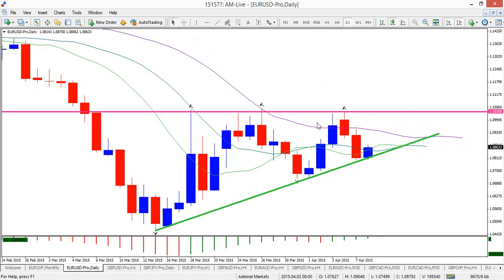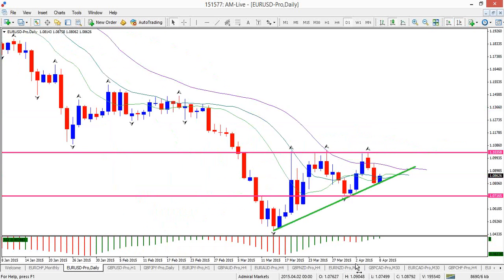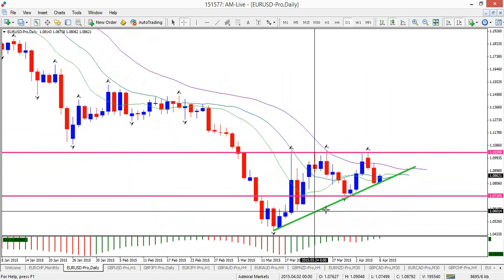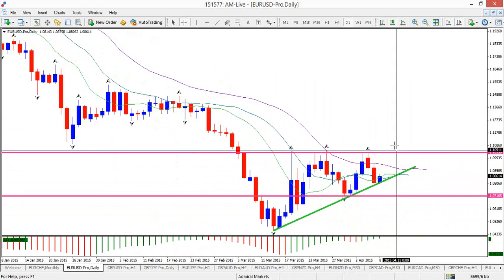So it's certainly not the best of conditions for a trending trade either way at the moment, unless it really proves itself either above 110 or below 107. But considering the support is close by, considering the potential for a bigger retracement, I think the upside makes sense here.